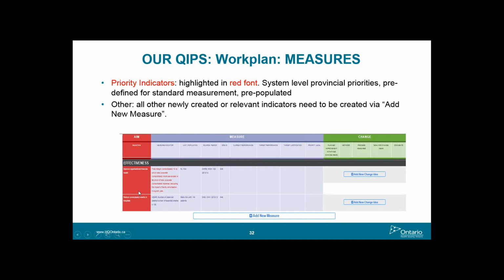If you choose not to work on one of the priority indicators or not have it as a focus, we're asking that you provide some comments about why you're not choosing that indicator. For example, it might not be within your capacity to address one of the indicators with some of the other changes you have going on this year. That's completely fine. We're just asking that you mention why.